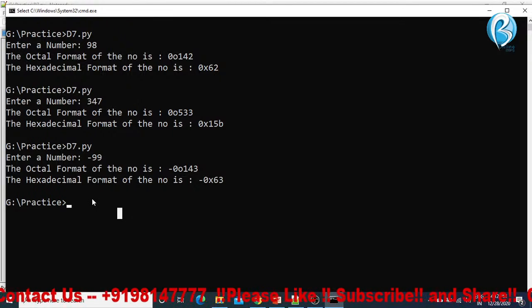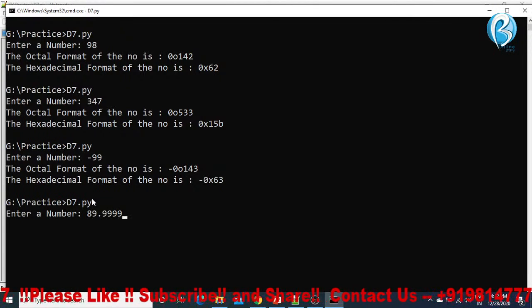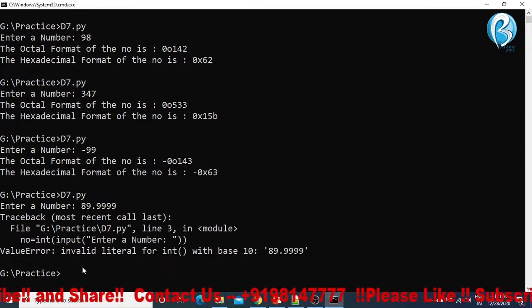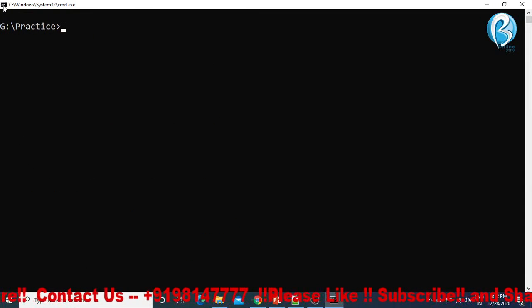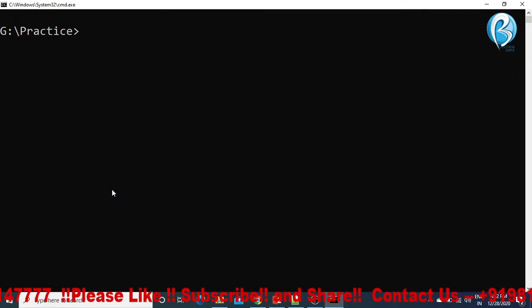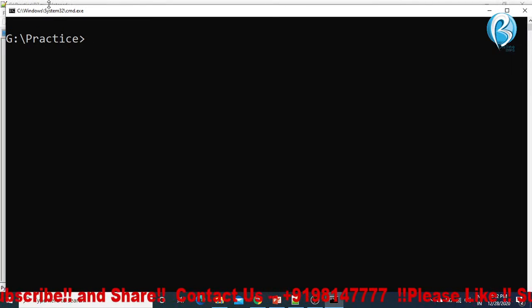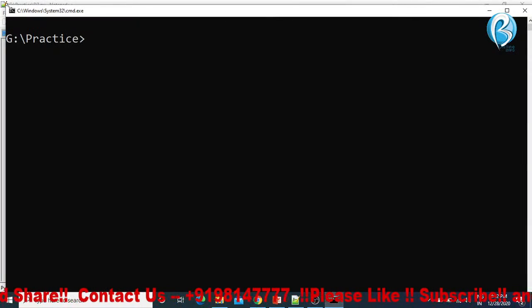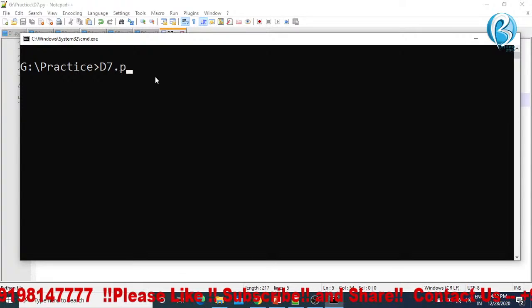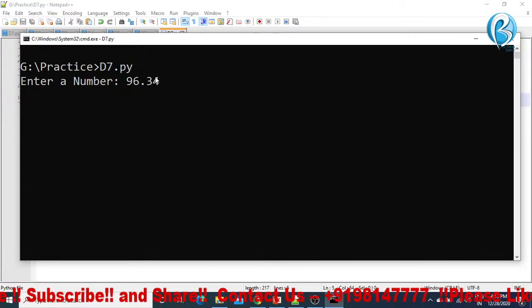So let's take a float input. d7, floating point numbers, 96.345.